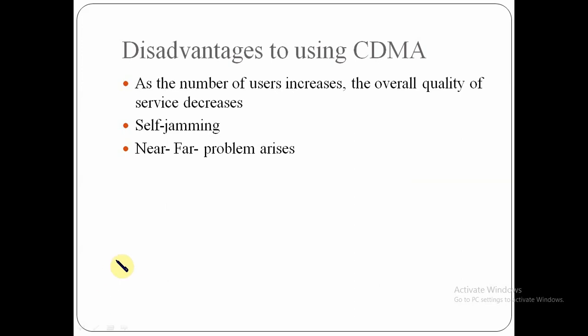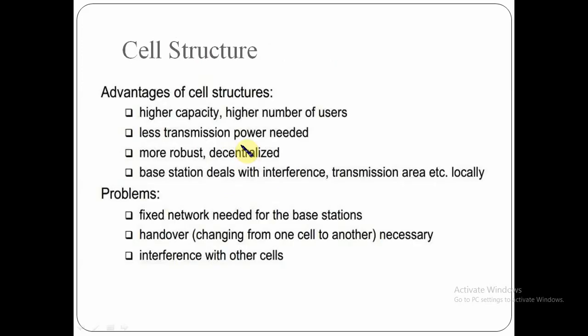The major problem in CDMA technology is channel pollution, where signals from too many cell sites are present in the subscriber phone, but none of them is dominant. As users increase, overall service quality decreases, and self jamming and the near-far problem arise in CDMA.